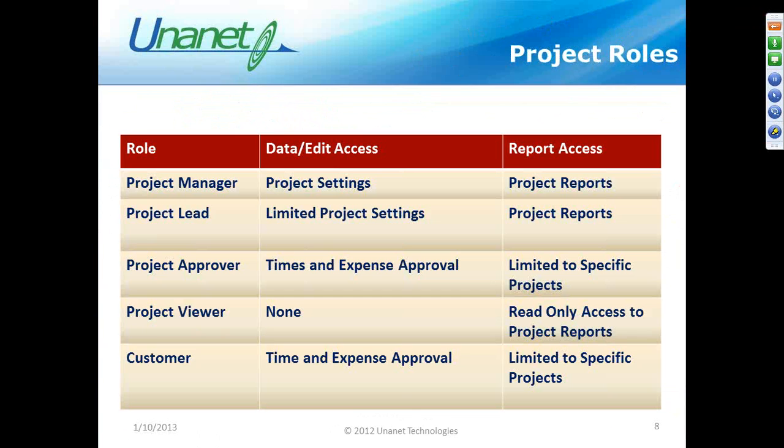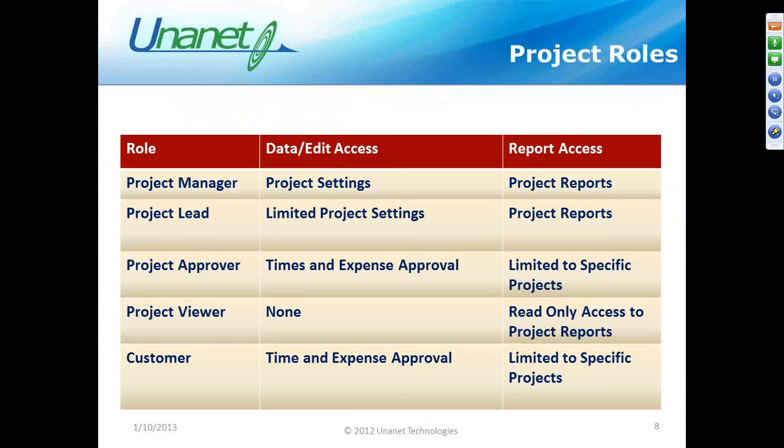The project manager is considered the highest level project role in Unanet. They have access to manipulate project settings, create projects, review and change them, and they have access to all project reports. A project lead has limited access to the project settings. They still have access to the project-related reports, but cannot set up projects or assign people in the same way a project manager can.